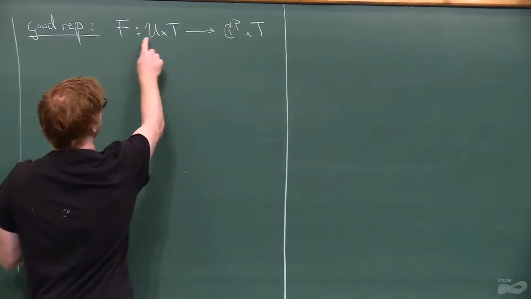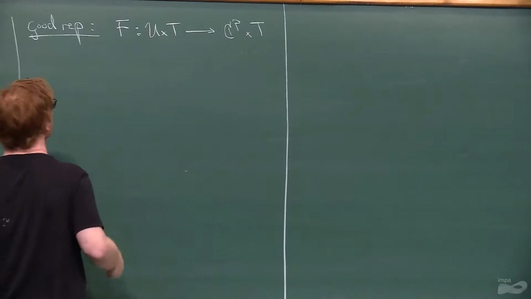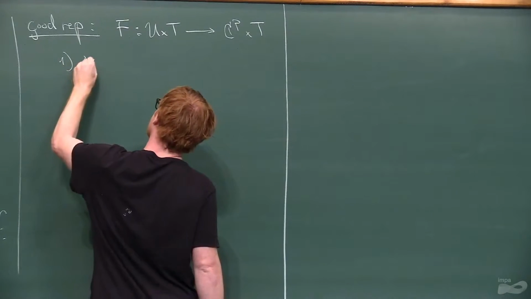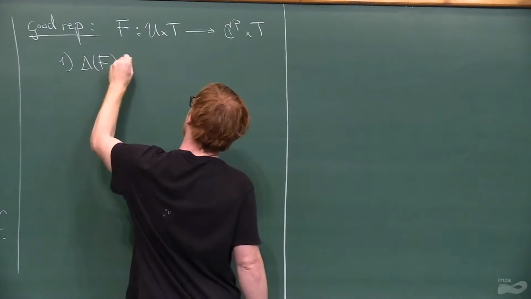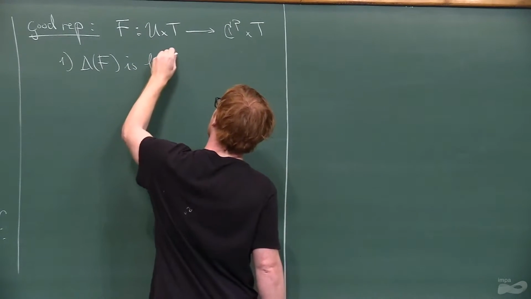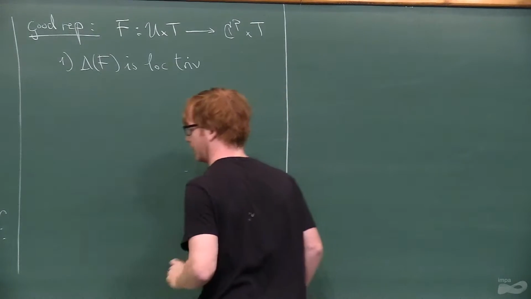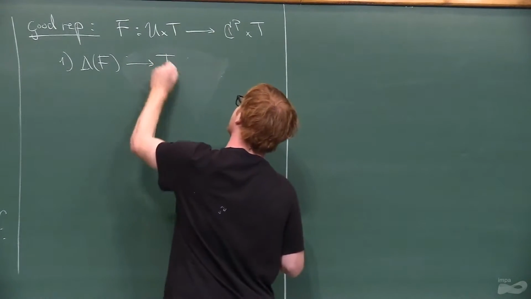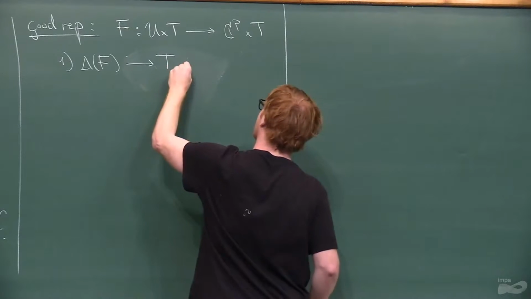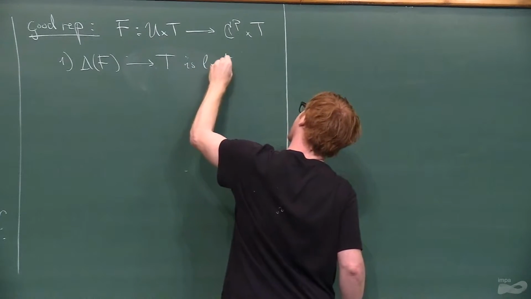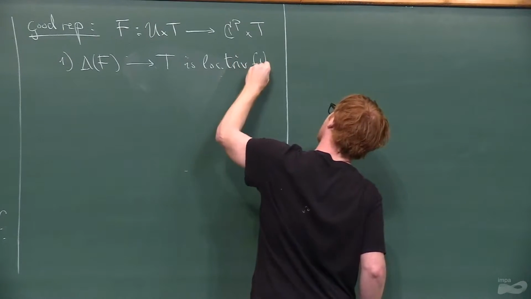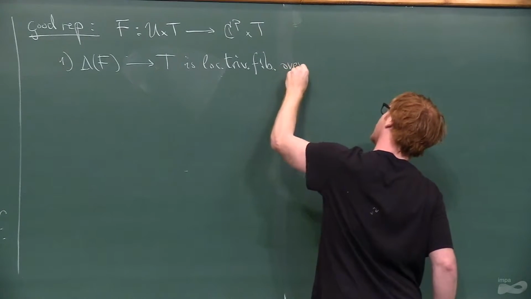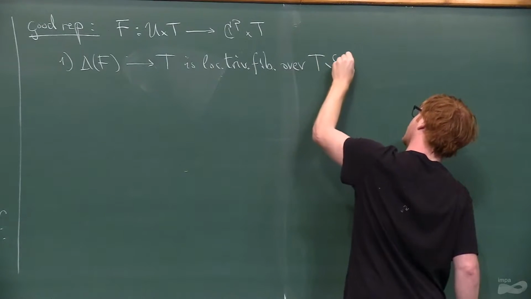This means you take an unfolding, you take a representative of your unfolding, and you want one such that, if you look at the discriminant mapping to the parameter space, it is a locally trivial fibration, of course not on the whole parameter space, but once you remove the origin.